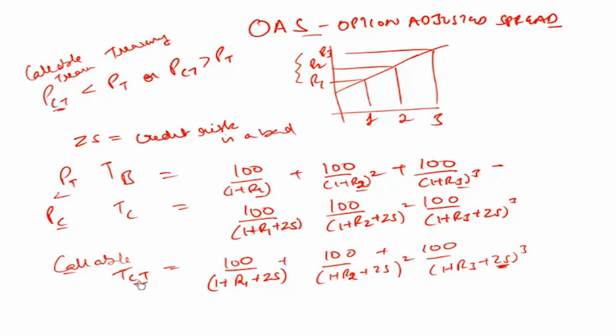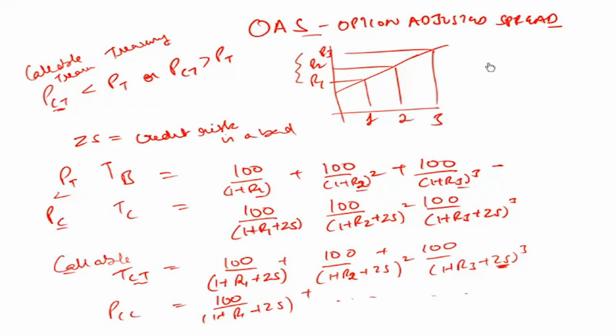In the case of the callable treasury, the Z spread is not because of credit risk, it is because of the option, or it is the value or cost of the option. Similarly, if it was a callable corporate bond, then the Z spread would have been even higher because there is credit risk also and there is a call option also.